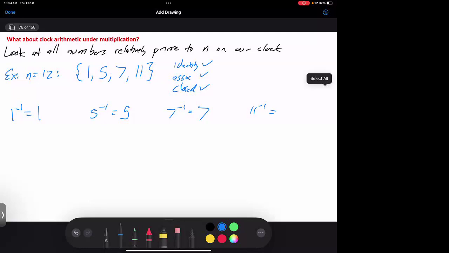And 11, what's the only thing that's left if it's going to be a group? 11. And if you try it, it turns out 11 times 11 is 121, which is one more than a multiple of 12. What's interesting is x squared equals 1 mod 12 has 4 solutions.